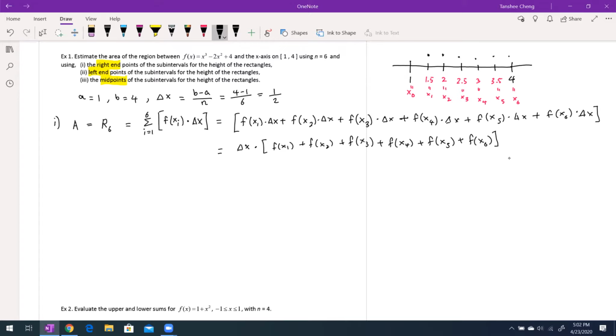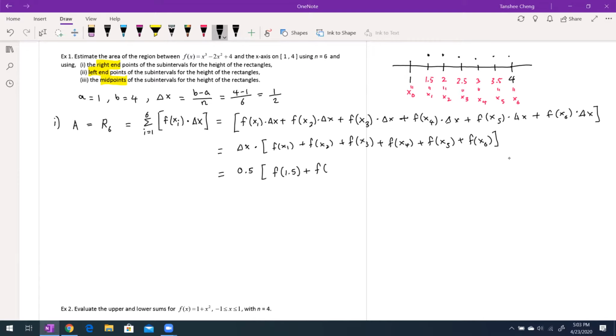So later on, we're going to jump down to this step and just plug in the numbers right away. This is what I'm talking about, starting from the next example. So my delta x is 0.5, times the function values: the height of the first rectangle using the right endpoint is the function evaluated at 1.5.